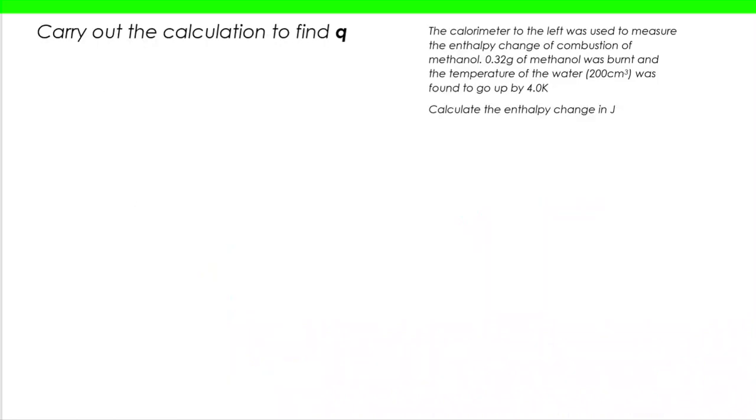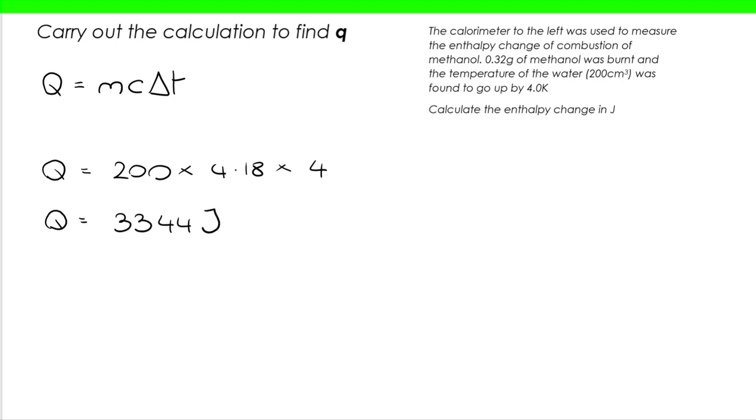So let's look at the actual calculation itself. We're finding out Q. So I write out my expression. Q is MC delta T. I've got the three values that I've just picked out. So 200 times 4.18 times 4, and that gives me a Q value of 3344 joules, remembering that this is in joules, not kilojoules.